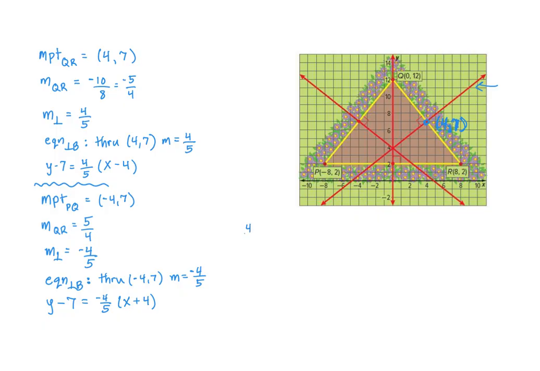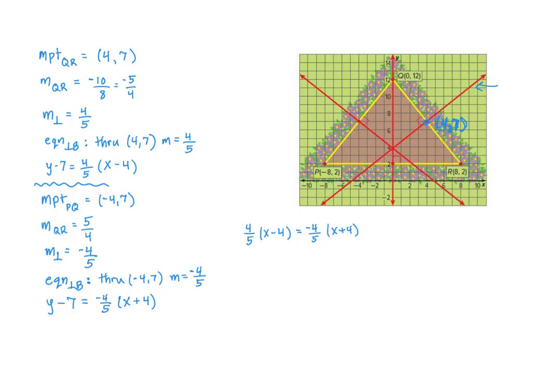So the 4/5 times x minus 4 is equal to the negative 4/5 times x plus 4. This is a substitution method, right? Since they're both equal to y minus 7, we can set them equal to each other.